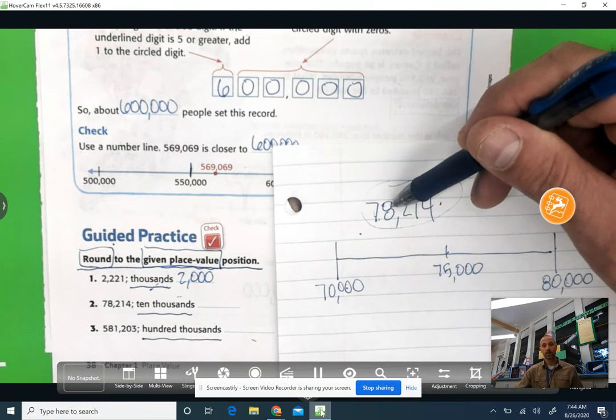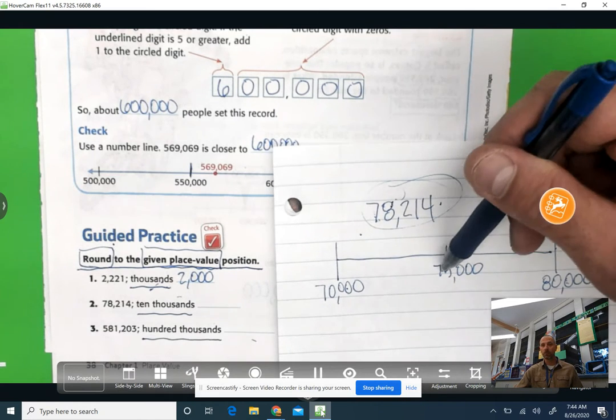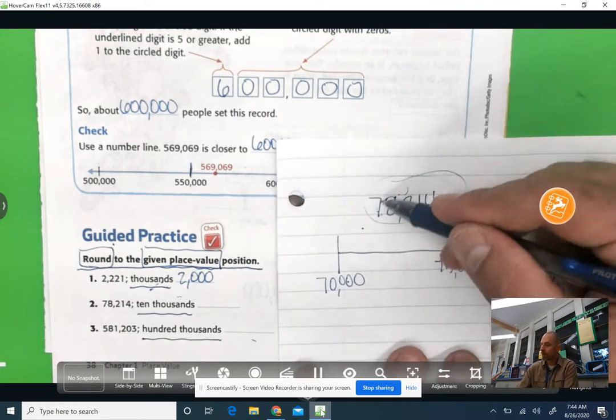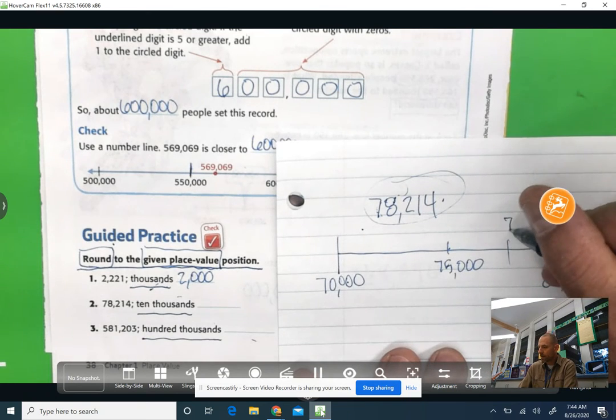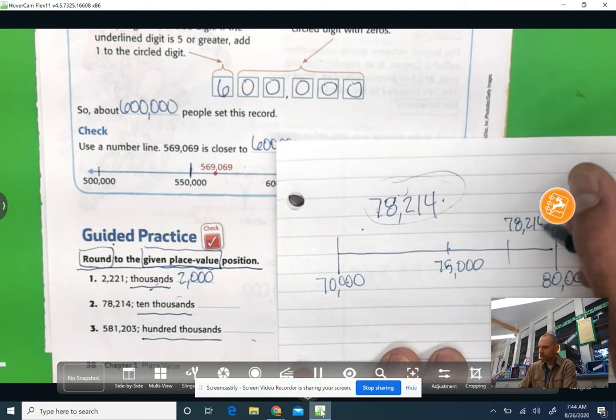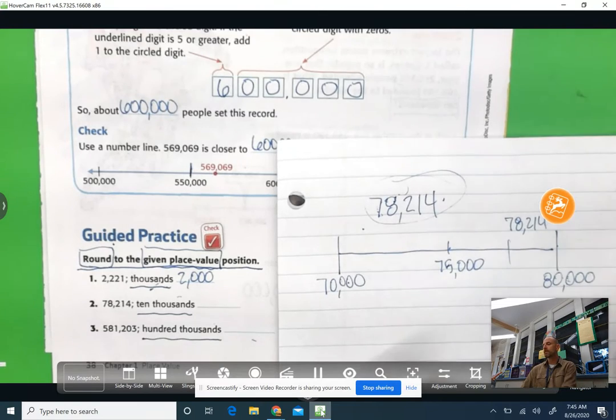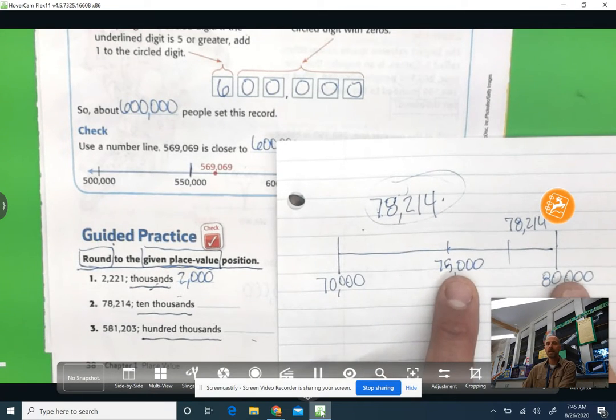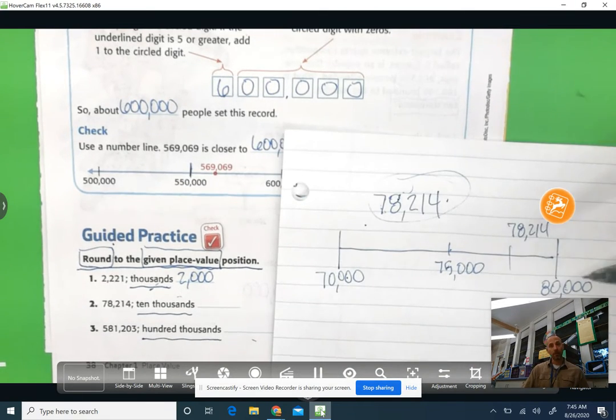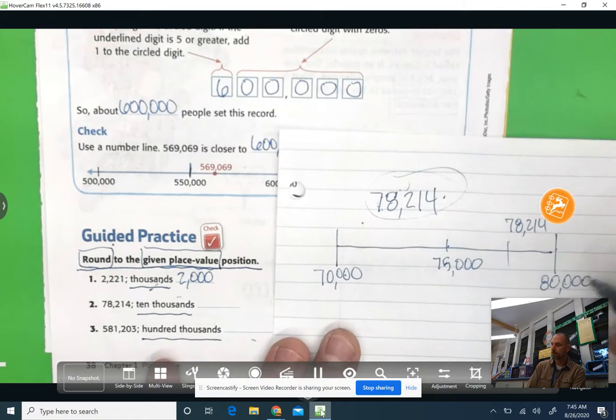You can look to the digit to the right. That 8 is greater than the 5. Therefore, 78,214 is tucked in between 75,000 and 80,000. That means 78,214 rounds to 80,000.